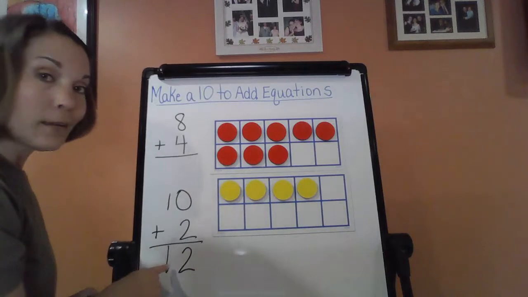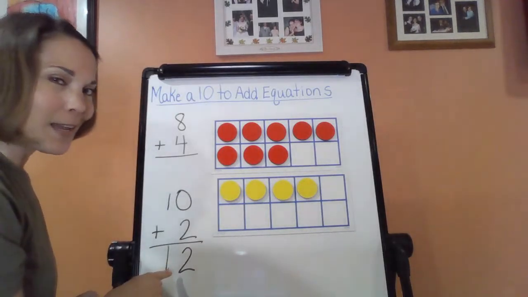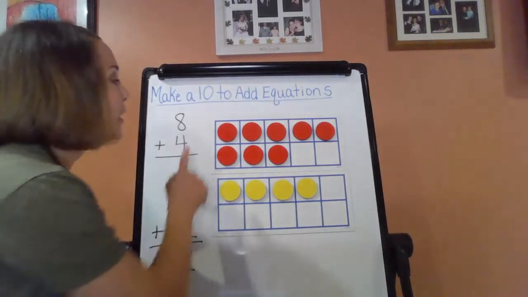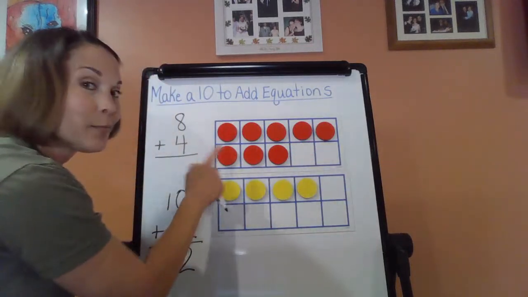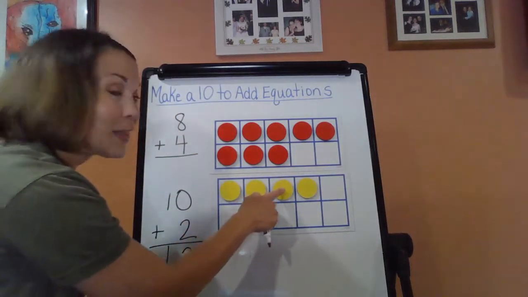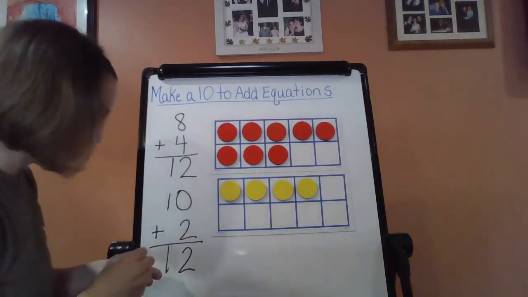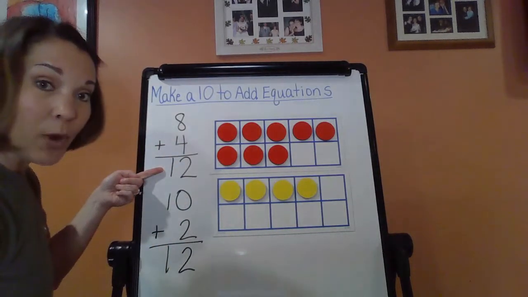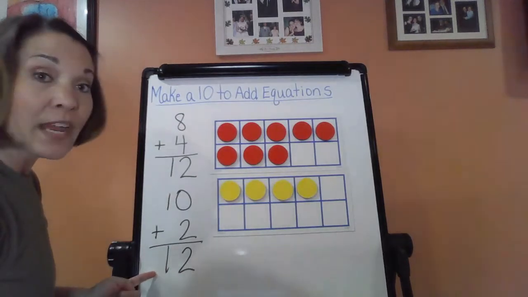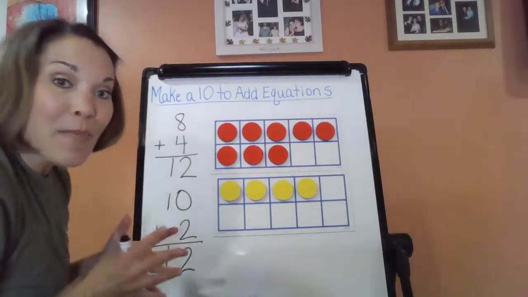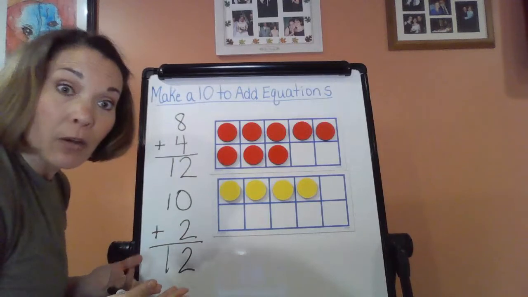Are we going to get to 12? Let's see. Let's use that counting on strategy. Let's do 8, 9, 10, 11, 12. So notice how we still have a sum of 12 here, a sum of 12 here, but we used that make 10 strategy to help us out.